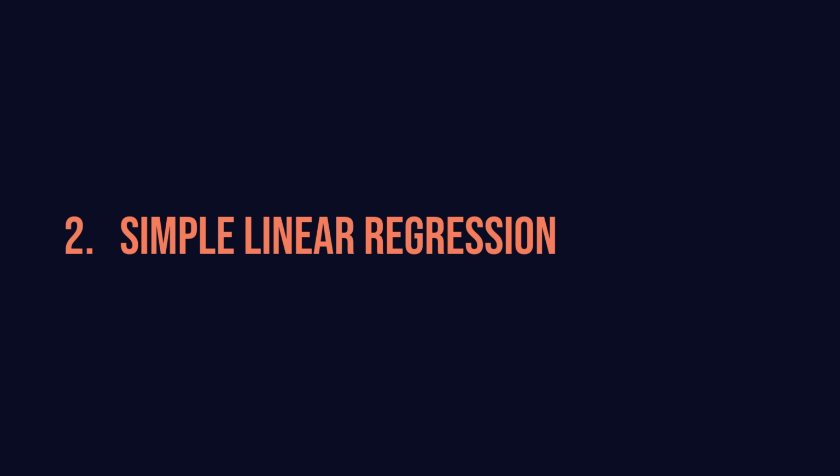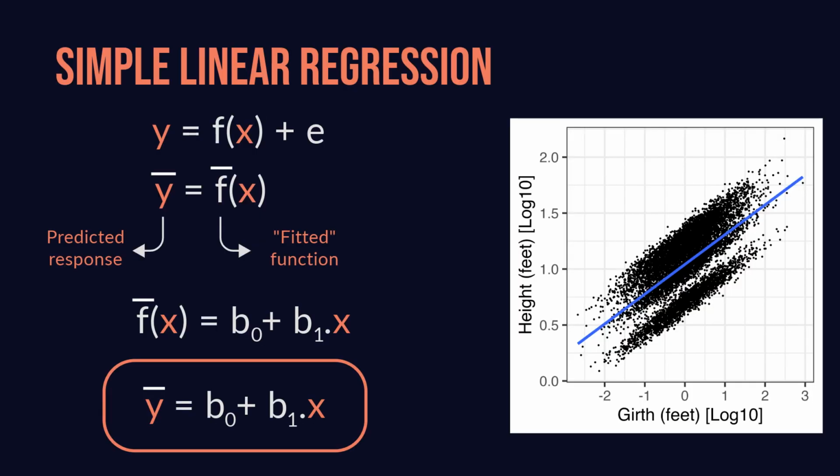Now we move on to the next part of the course, where we will see how to model a simple linear regression. In linear regression, the equation is always that of a straight line. As a result, our fitted function f hat of x can be represented as beta 0 plus beta 1 times x, where beta 0 is the intercept and beta 1 is the slope of the line.